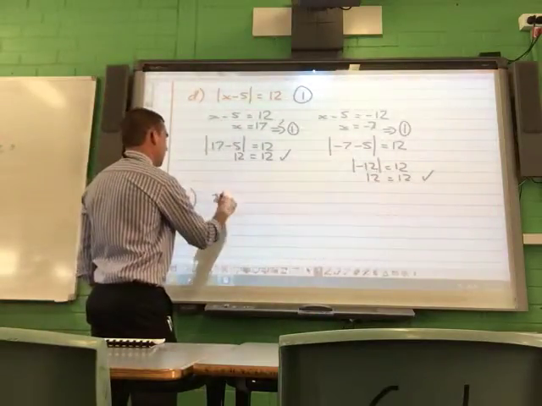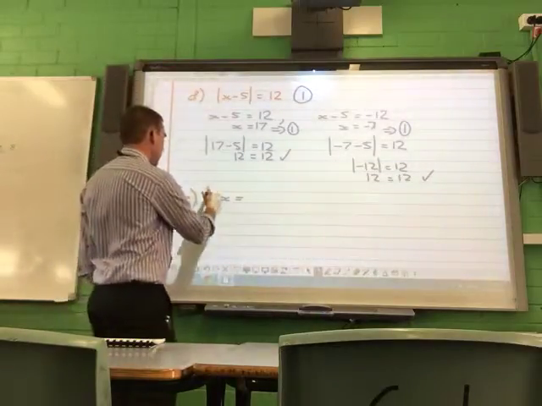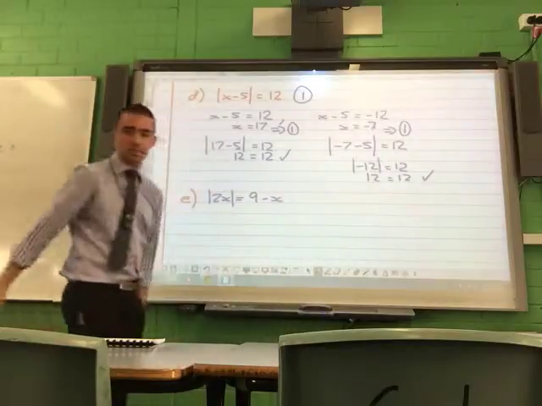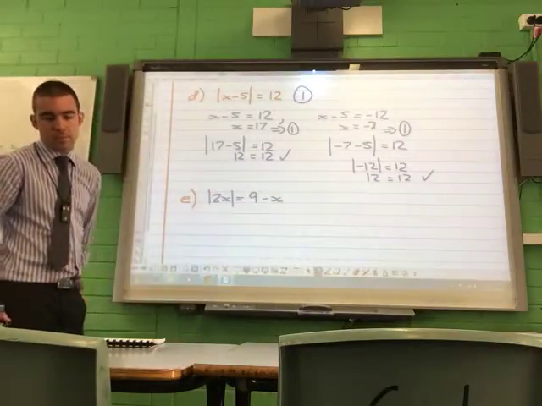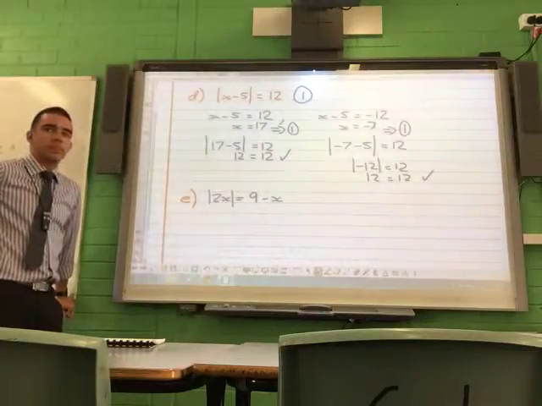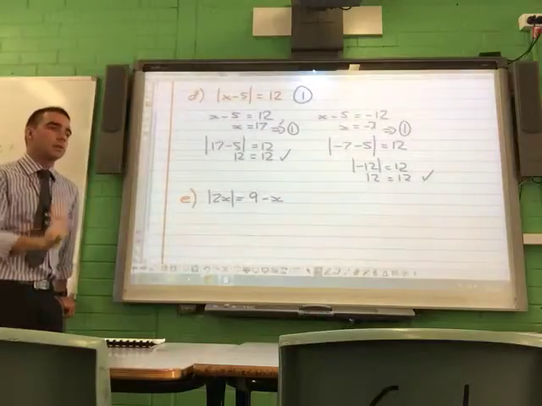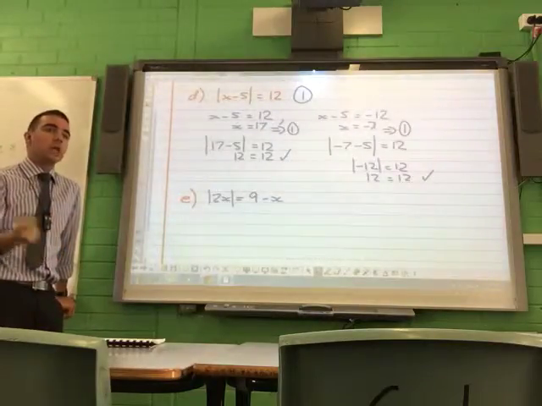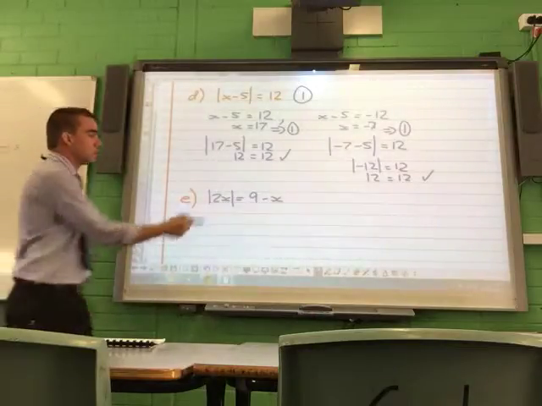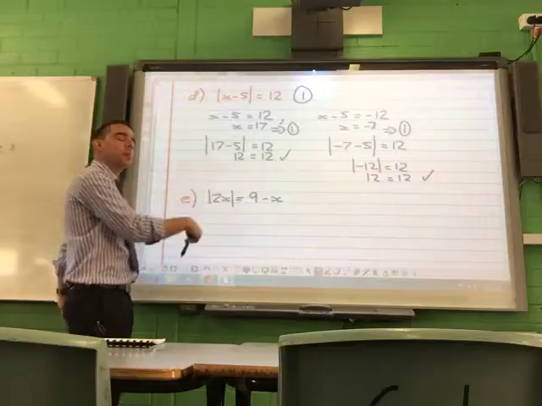Alright, 2x. So the absolute value of 2x is equal to 9 take away x. Alright, so whenever you see an absolute value equation, you need to consider two possible solutions. Okay? So you need to consider what happens when inside this bracket the absolute value sign is positive.